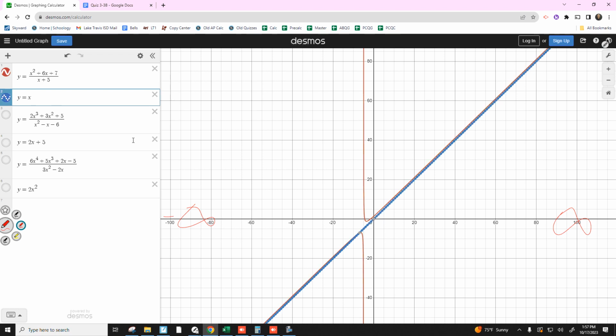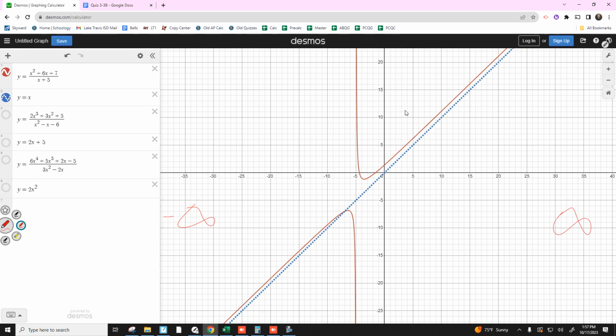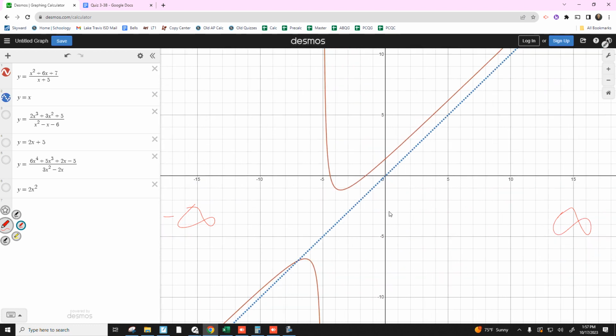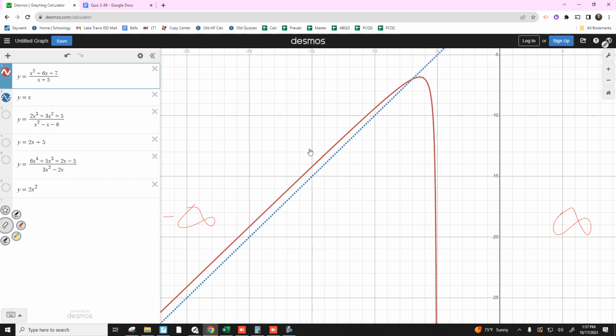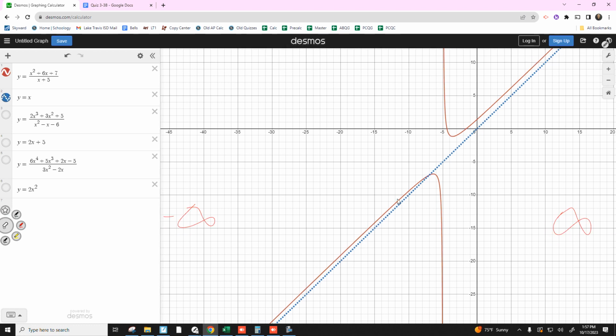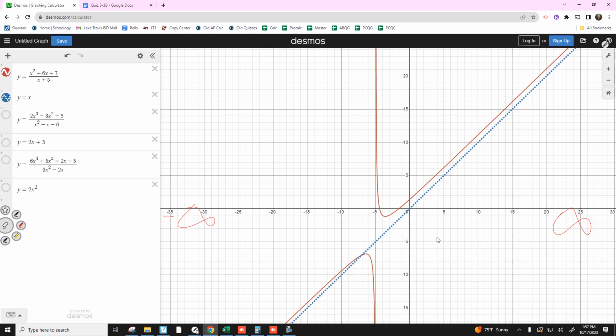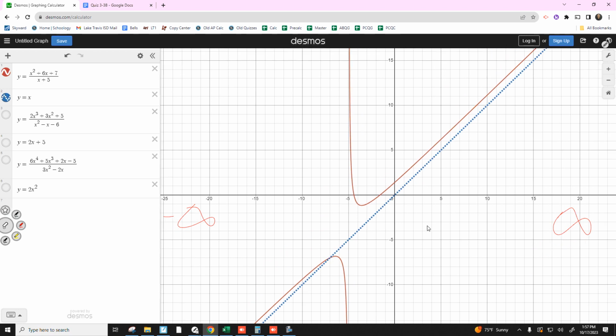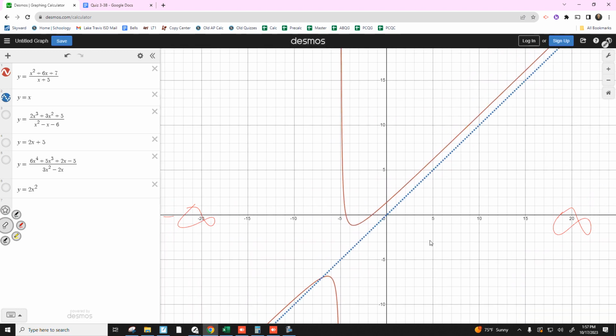But something's wrong. It doesn't look like it's exactly y equals x, especially over here. The further I get away, the further off it is. It doesn't look just like y equals x.